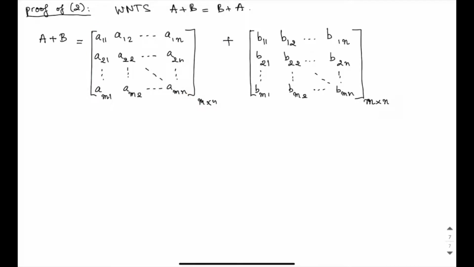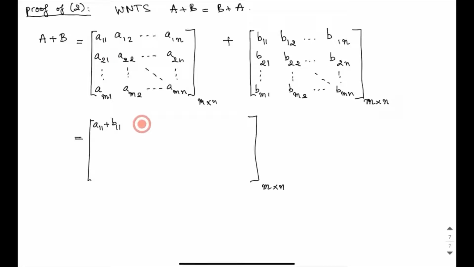And you see that if you add two matrices of the size m by n, we end up with another matrix of the size m by n, where each entry is just the sum of the two corresponding entries of A and B. For the entry on the first row, first column of the sum matrix, we get A11 plus B11.